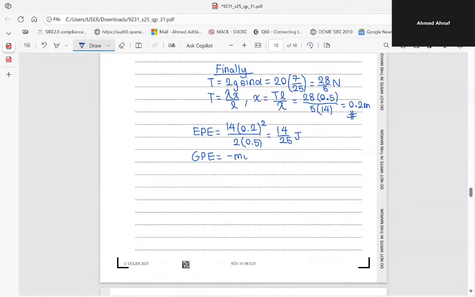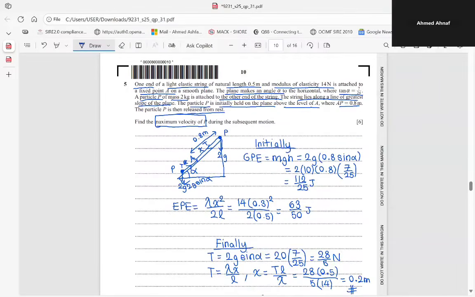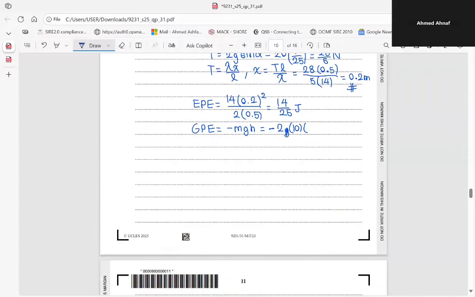So this is negative mgh. So m is 2, g is 10, and h is 0.7, because 0.5 plus 0.2 you get 0.7, times sine alpha, which is 7 over 25. So this would give you minus 98 over 25 joules.